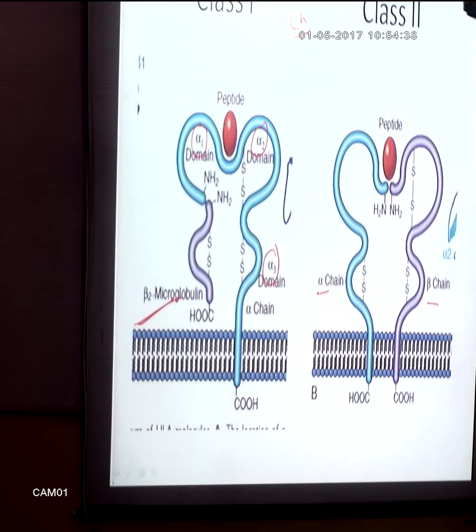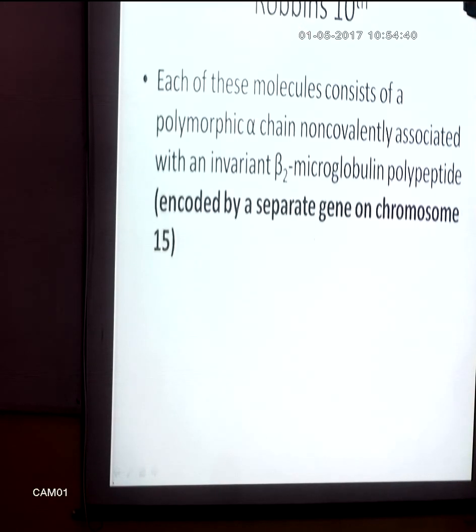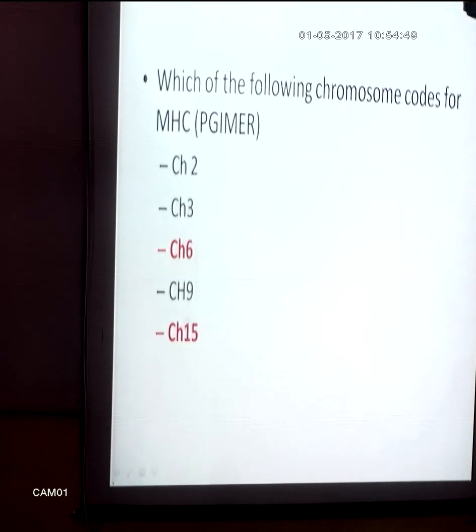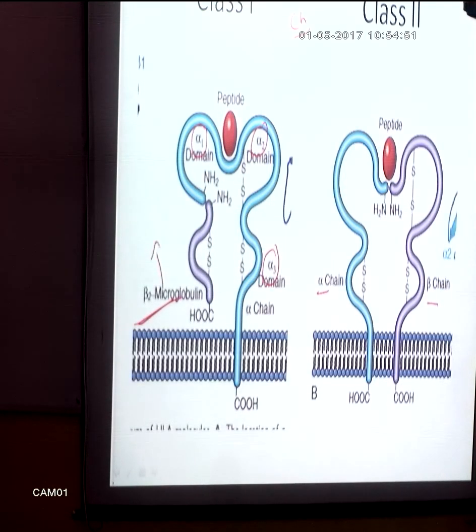Now it is said Robbins 6th edition has added this point: the beta 2 microglobulin polypeptide is separately coded by chromosome 15. The rest are all coded by chromosome 6.